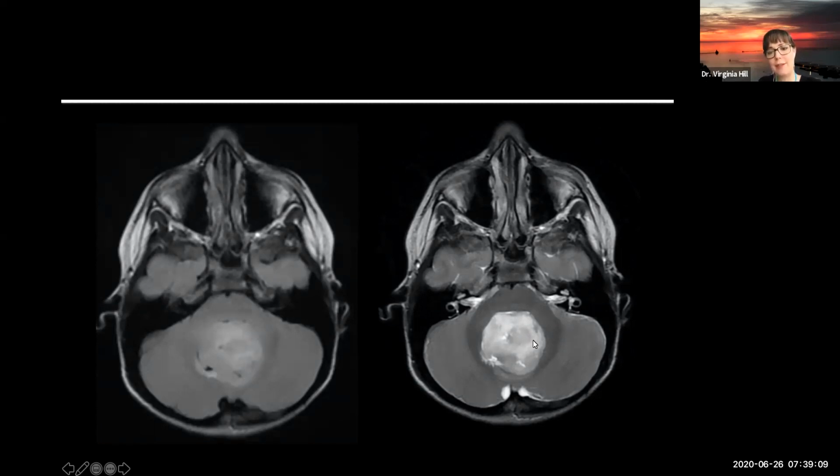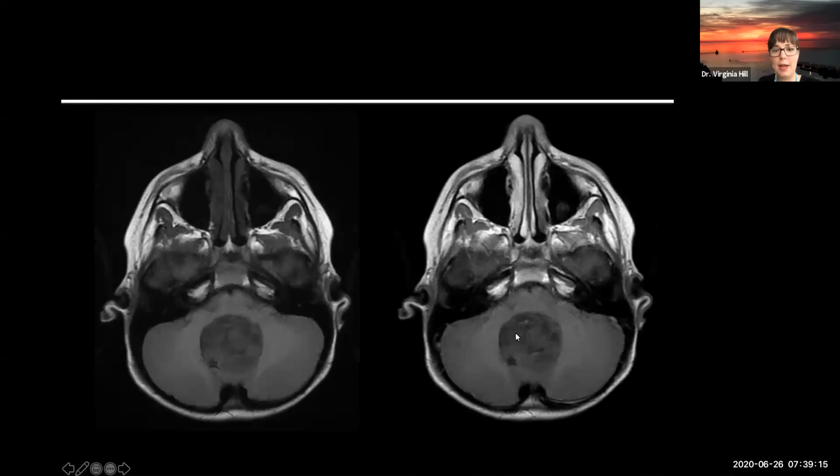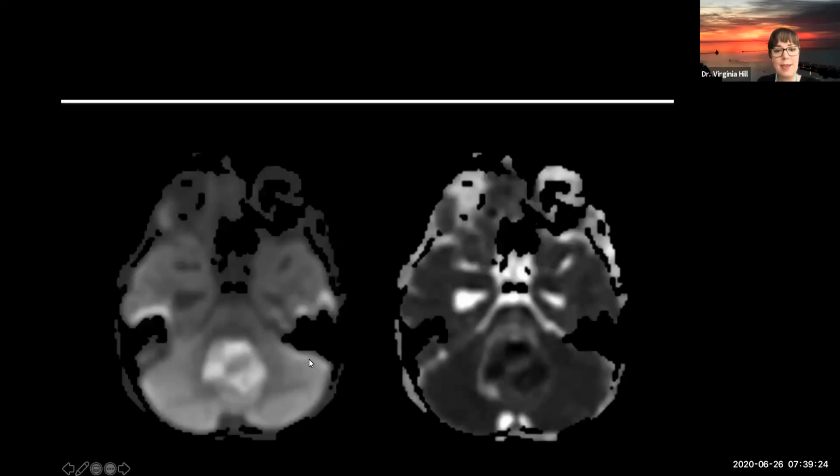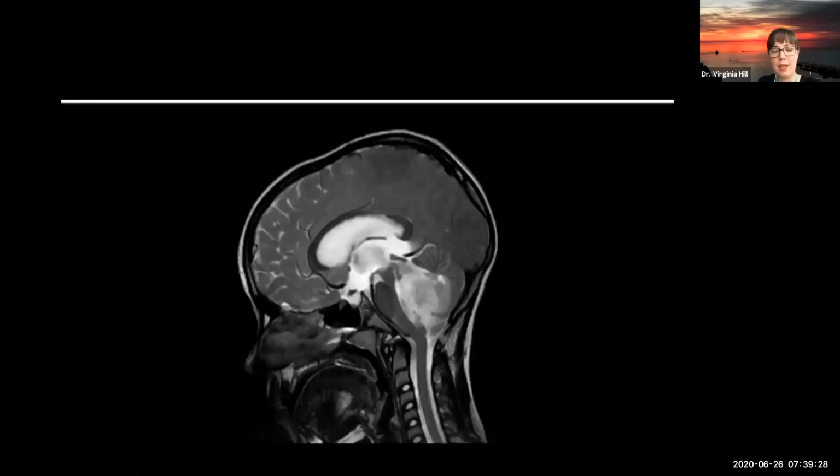On T2, it has a little bit of T2 hypointensity, which may indicate increased cellularity. For this one, there is really not much of any enhancement, maybe just a very little bit in here. The key is there's restricted diffusion. This is a highly cellular tumor.